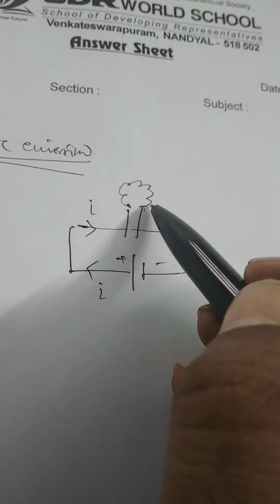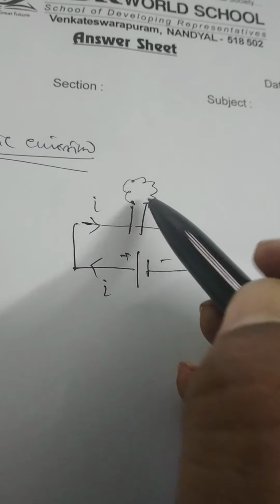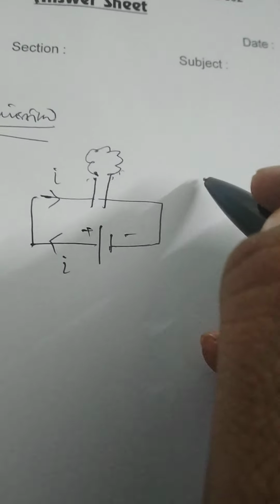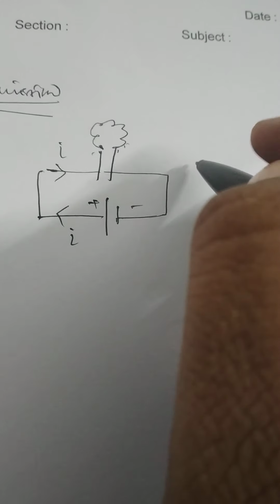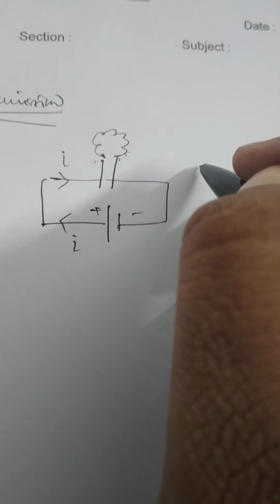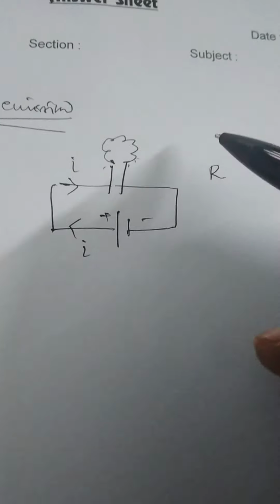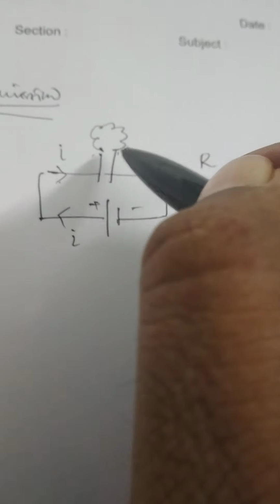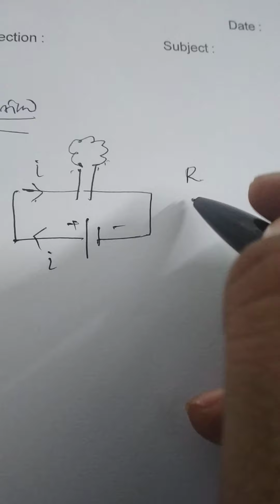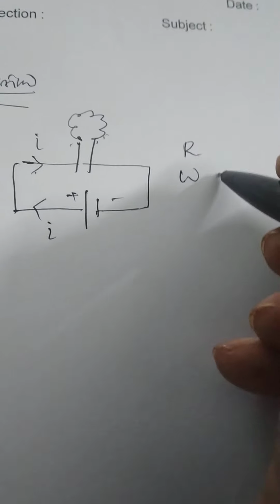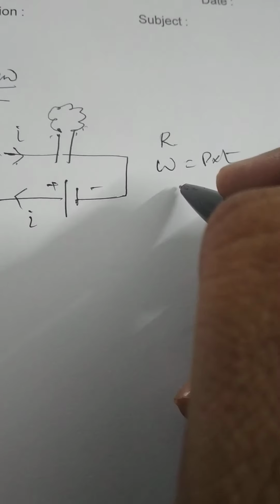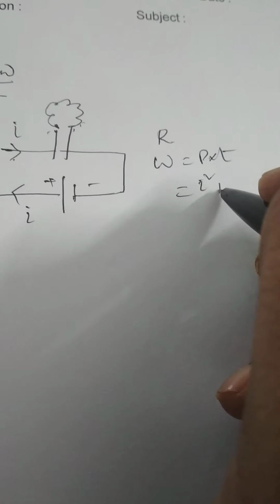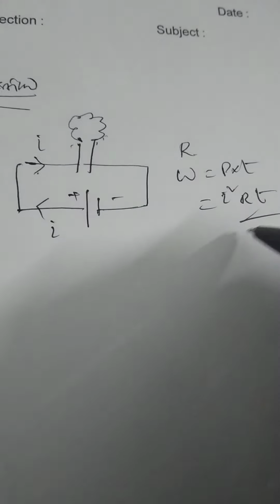The power utilized, or the work done in heating the filament, due to resistance, requires some energy to heat the filament. That energy or work done is equal to P into T, power into time. Power is also equal to I square R, so the work is I square R T. Derivation is not needed for us.